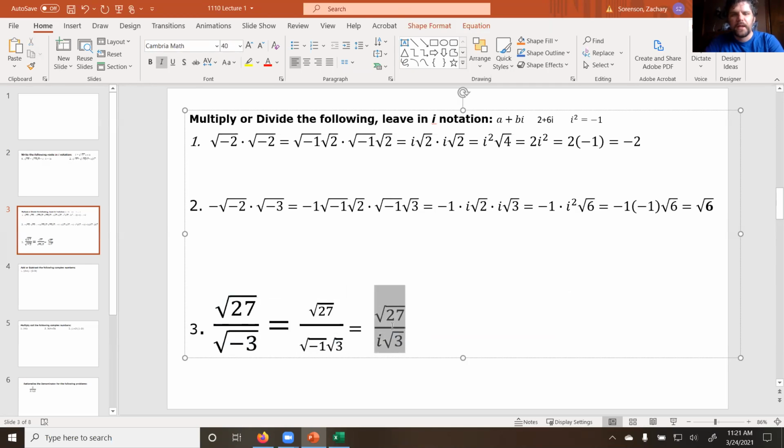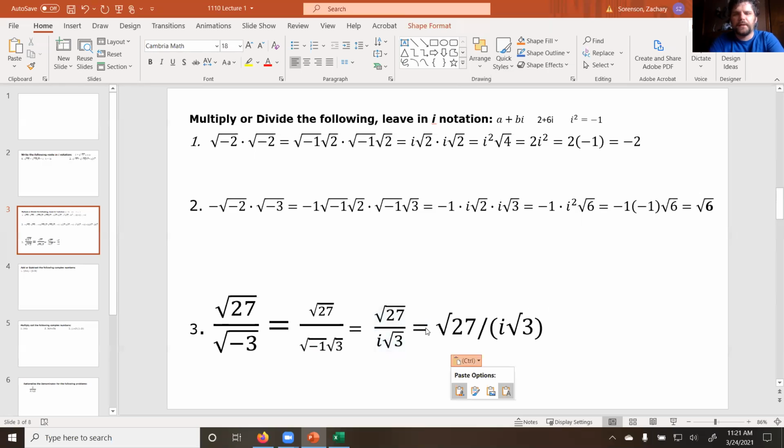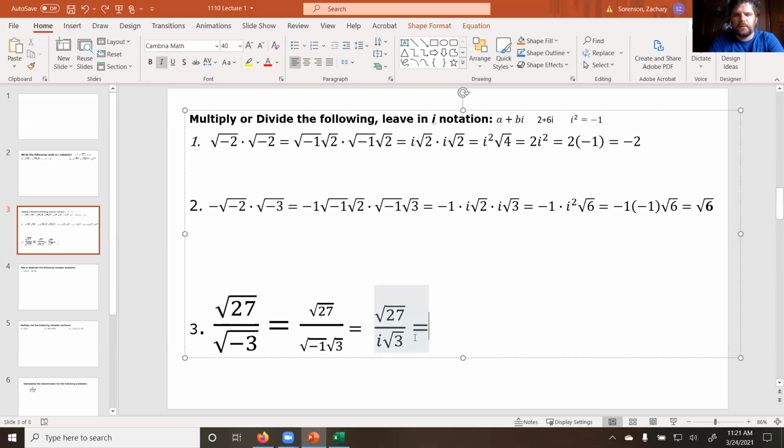Okay. Now that I have it in this form, I don't have a negative square root anymore. So I can divide, just like I could multiply. Square root of 27 divided by 3 gets me the square root of 9 on the top.